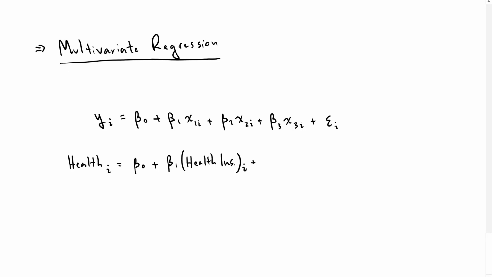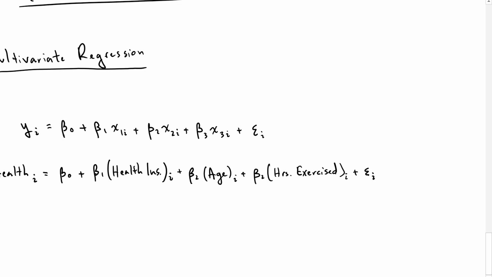So beta 2 might be my age, because my age is also going to affect my health. Beta 3 could be hours exercised per week for individual i, and so on and so forth. There could be a lot of other ones that you should include, but ultimately you're going to end up with an equation that looks like this. Let's add those dots in there to show that we would include some more.